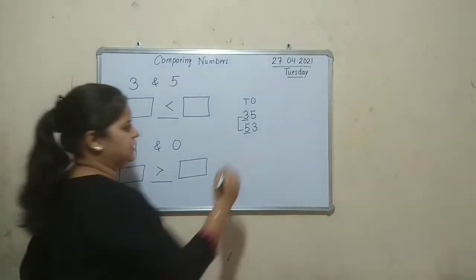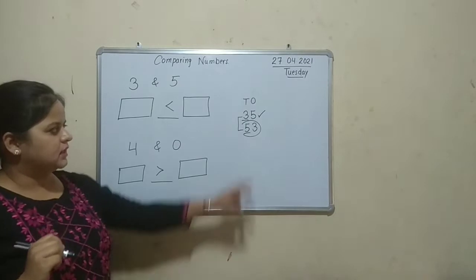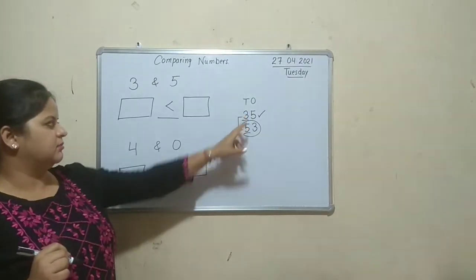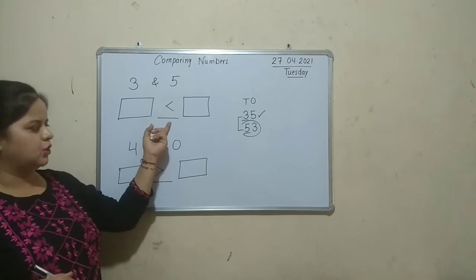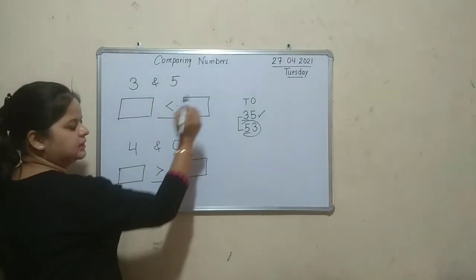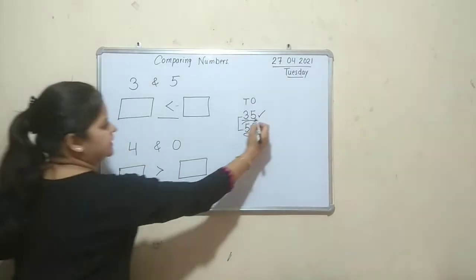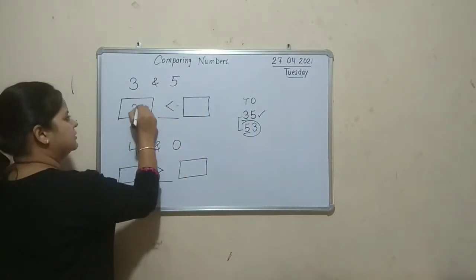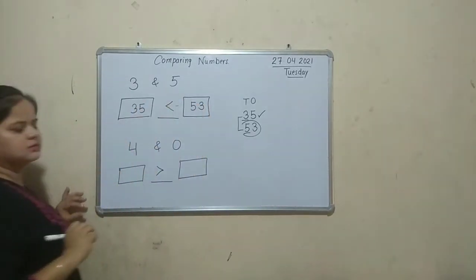So we can say 53 is greater than 35, and 35 is the smaller number. As the sign of comparison is showing, we have to write the greater number in this box and the smaller number in this box. So we will write 35 here and 53 in this box.